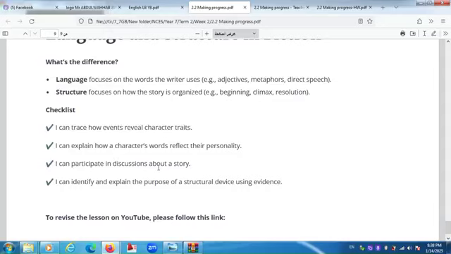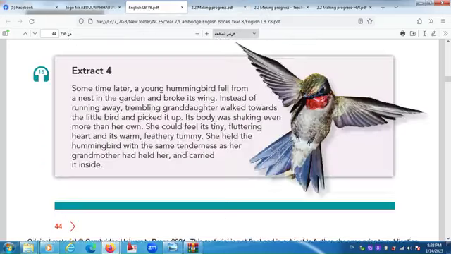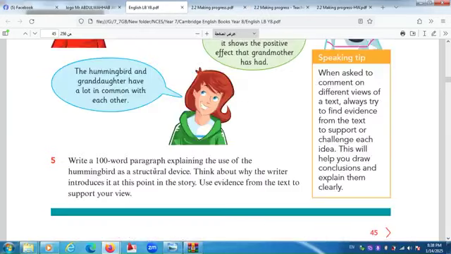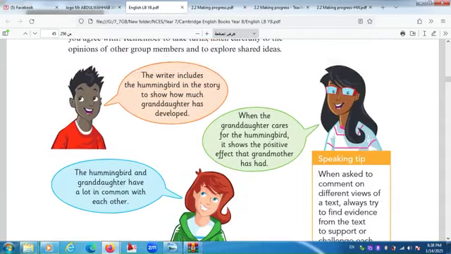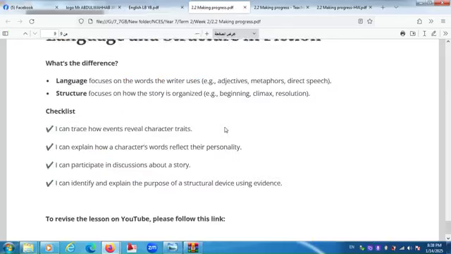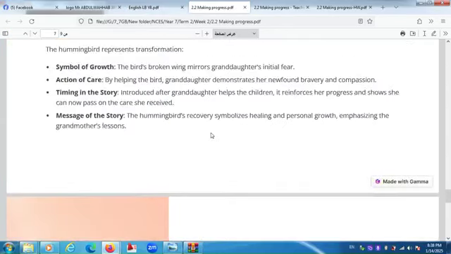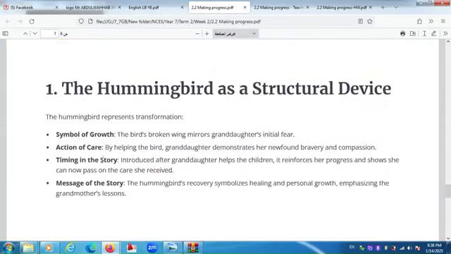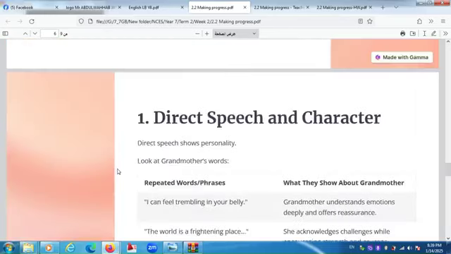And we can make some points overview, for example, about the hummingbird. What's the hummingbird representing? We gave a three points overview about the hummingbird, or maybe four.